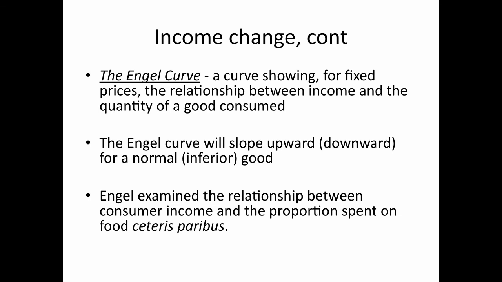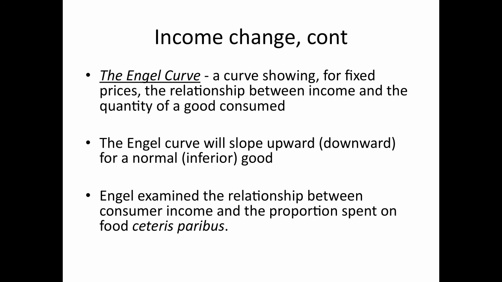Engel curves could be upward sloping over some regions and downward sloping over other regions. It's named after a very important economist, Frederick Engel, who examined the relationship between consumer income and the proportion of income spent on food, ceteris paribus.